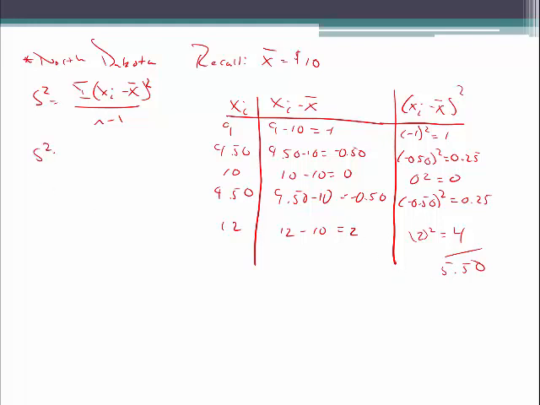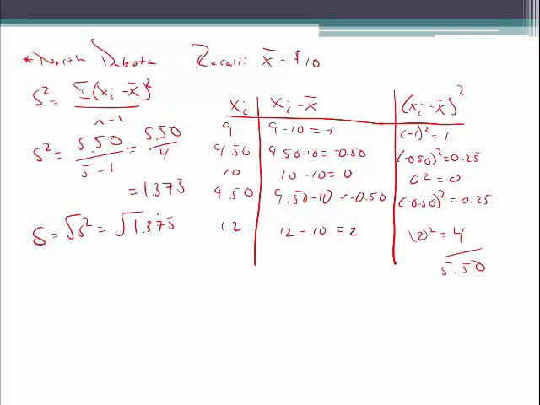So the variance here, s squared, would be 5.50 over 5 minus 1, because there's 5 as well. So this is 5.50 divided by 4. Plug that in your calculator, you get 1.375. So that's the variance. So the standard deviation, s, is the square root of 1.375, which I believe gets you roughly 1.17.